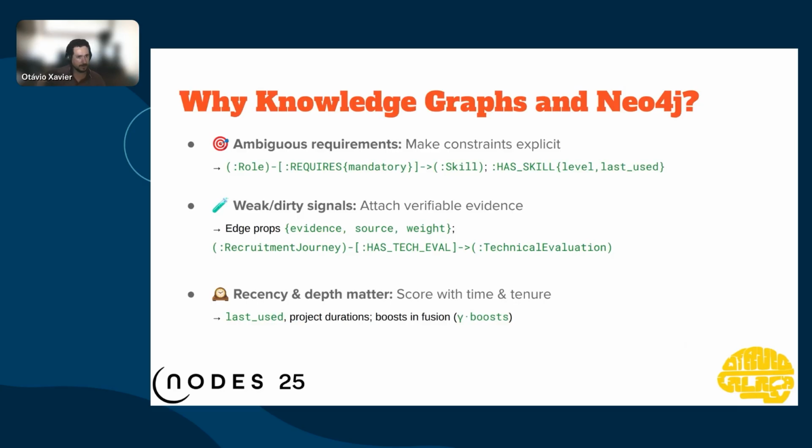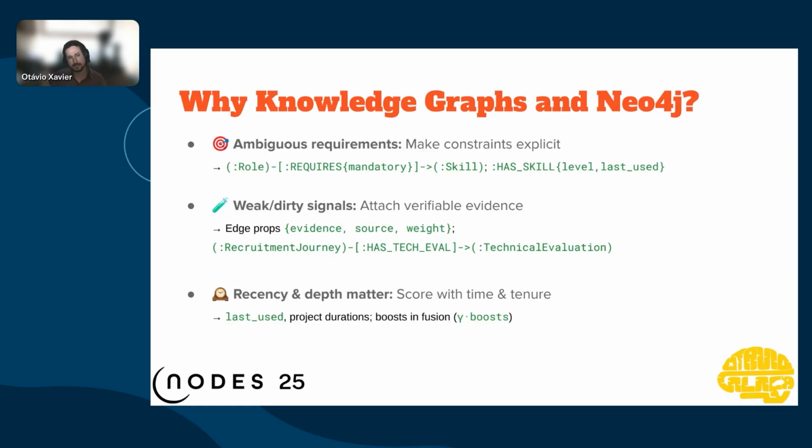So the idea here is to try to combine the knowledge graphs we can have using Neo4j with these challenges and try to reduce those problems we face. I've brought some ideas for each of the challenges.